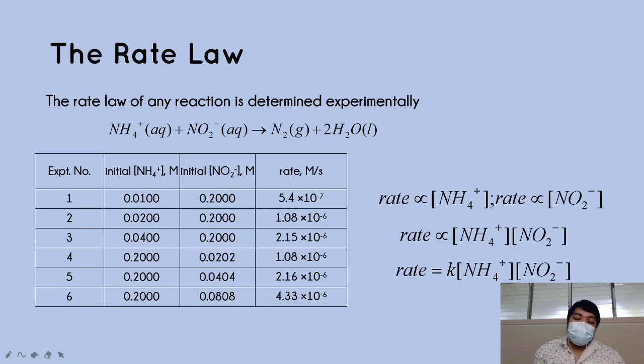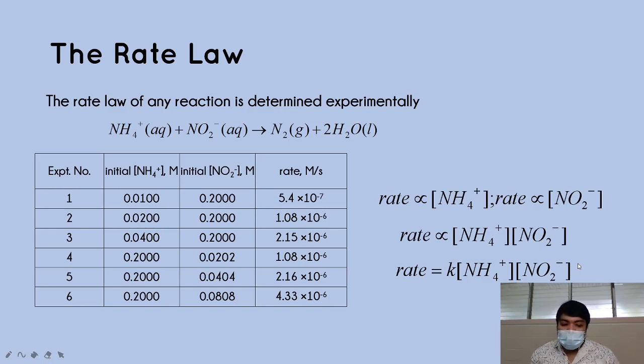That will be our rate law. So the reaction is first order in ammonium and first order in nitrite. Thus, the overall order of the reaction is, since 1 plus 1, 2. So the reaction is a second order reaction.